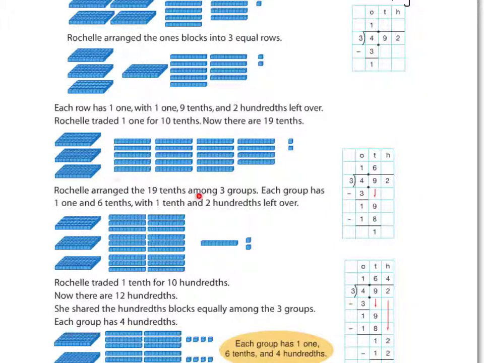Okay, so now we have 19, we have to divide into 3 groups. We can see here she's divided them into groups of 3, of 6. Sorry, I was looking at the other picture. So we have 6 groups. 3 times 6 is 18. What are we left with? We're left with 1. Here's the 1 that we're left with.